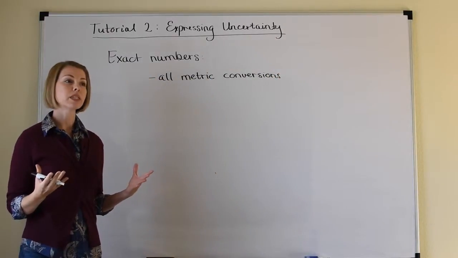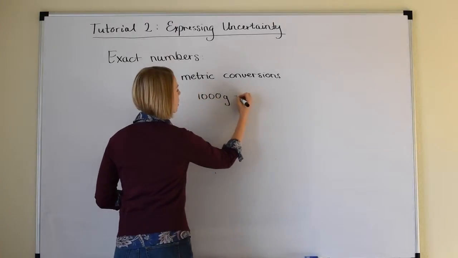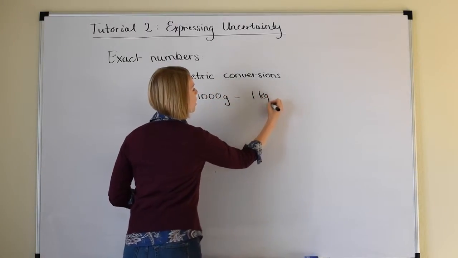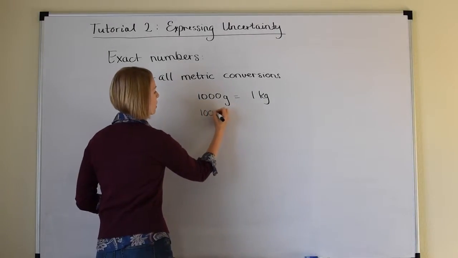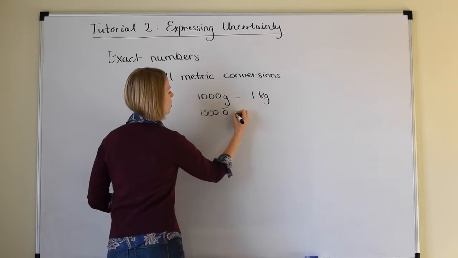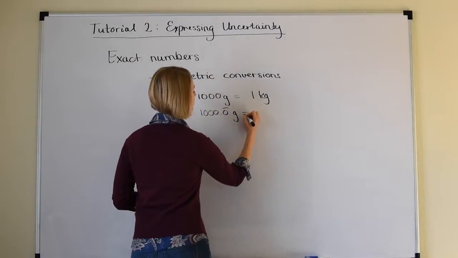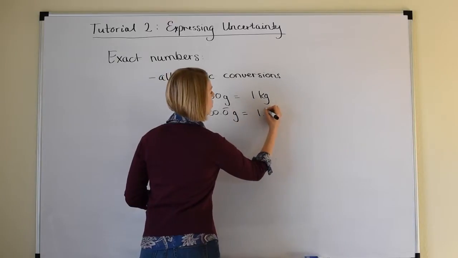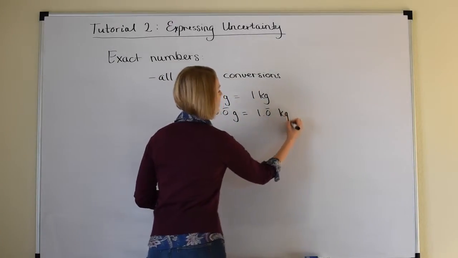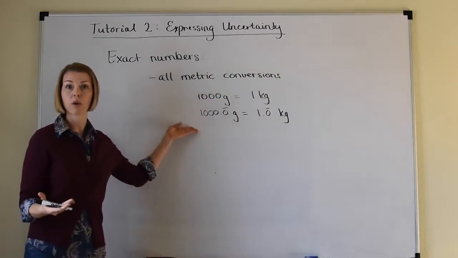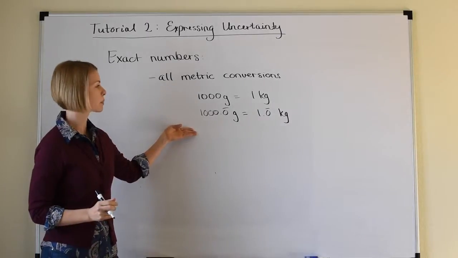So if you say that there are 1,000 grams in 1 kilogram, what you're really saying is that there are 1,000.0, where that 0 is repeating on forever, grams to 1.0, again repeating 0, kilograms. We don't have to write it that way because we know that all those metric conversions are exact, indefinitely precise.